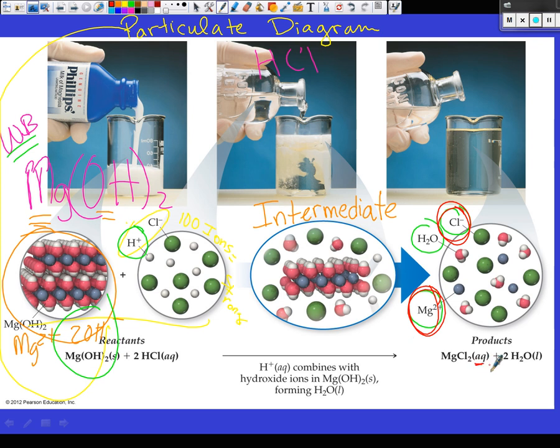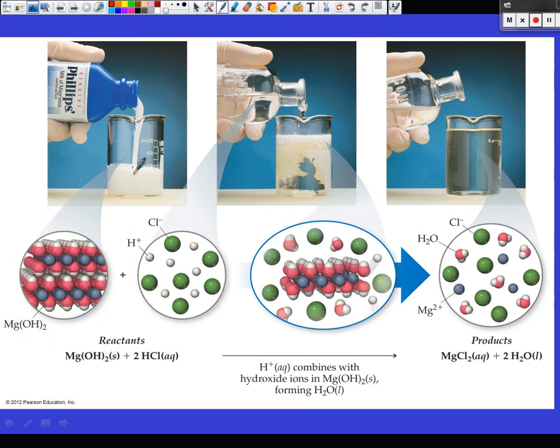Look right here: you've got aqueous and you've got liquid. Also, look at your picture. Do you see anything floating around? No, it's colorless. So you start with a very thick, milky white solution, you pour the hydrochloric acid in there, and it turns clear. Does that make sense?